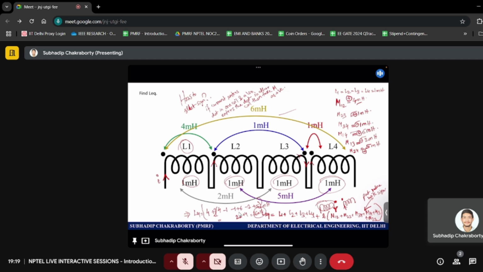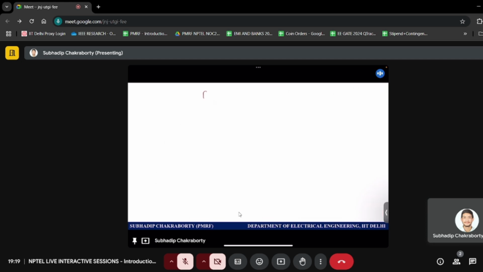And another information I just want to give you for parallel connected coils. For parallel connected coils, just try to find out the equivalent inductance.